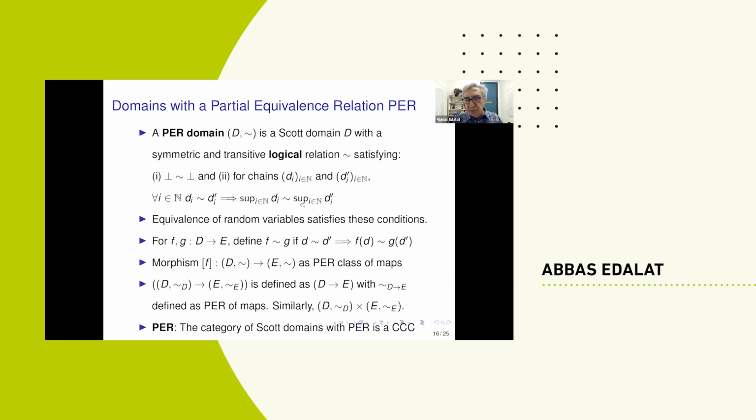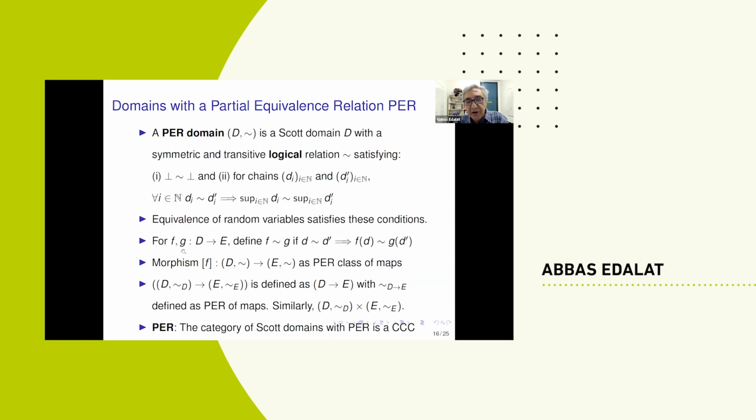So random variables naturally form a logical relation. This is a well-known result, not under this name, but content-wise, in classical probability theory. So we do have a logical relation when we talk about random variables. So we take this logical relation and we use induction to extend this logical relation to all higher types.